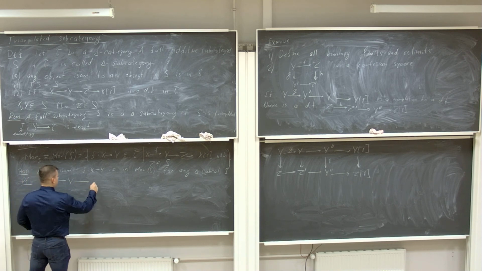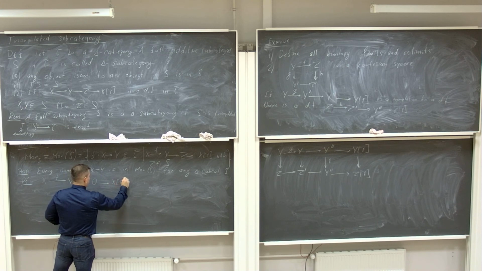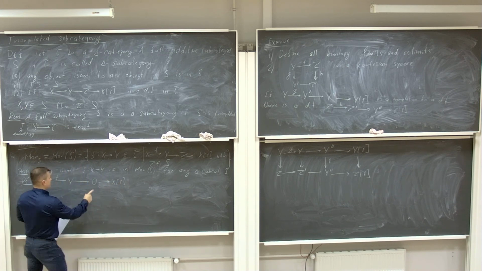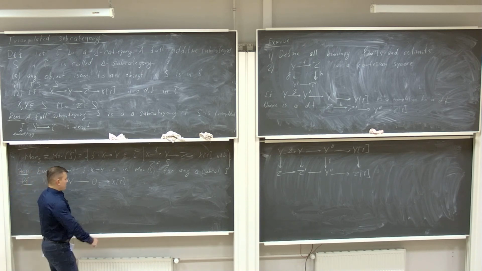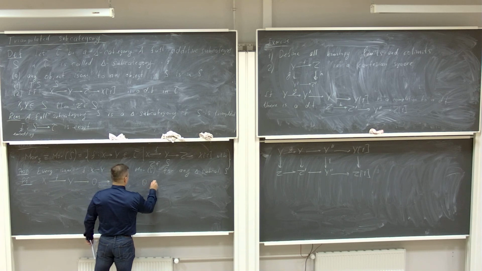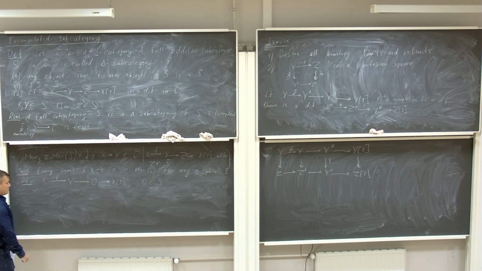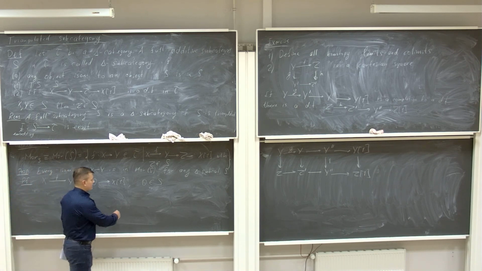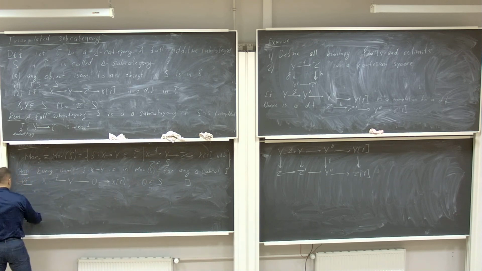So this is an isomorphism if and only if we have a distinguished triangle like this, with a zero object. Right? But the next observation is that 0 is in any triangulated subcategory, because this is an additive subcategory. An additive subcategory contains the zero object. So this immediately follows from the exercise.